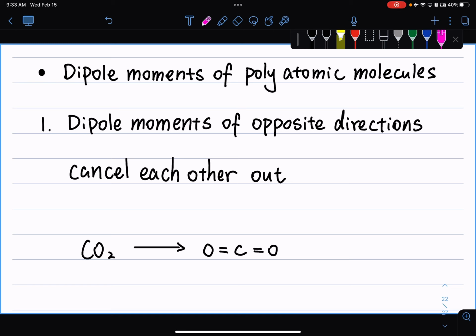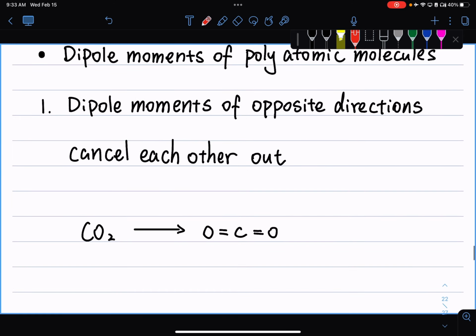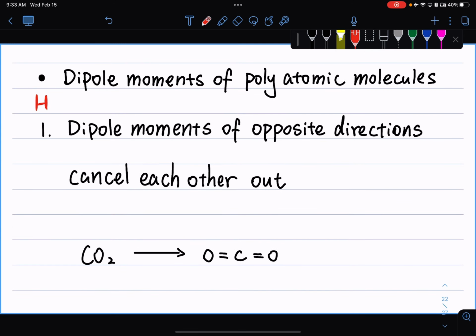And here, let's look at something that's more than two atoms, or what we call polyatomic molecules. The rule is the same. The origin of the dipole moment is that the electronegativity of the two atoms that bond together is different. So the electrons in that covalent bond are not being shared evenly. The electrons are more attracted to the more electronegative atom. The example we did before is HF.